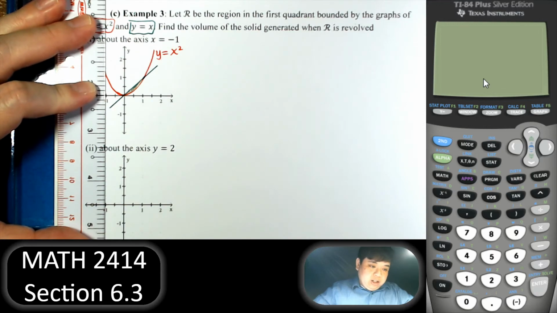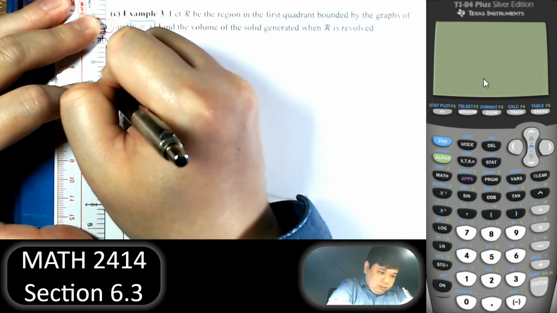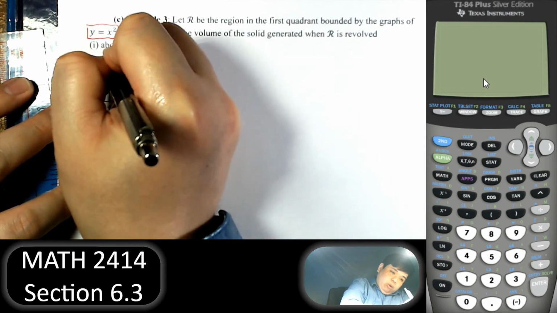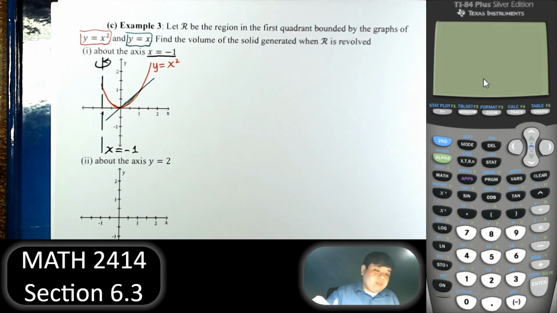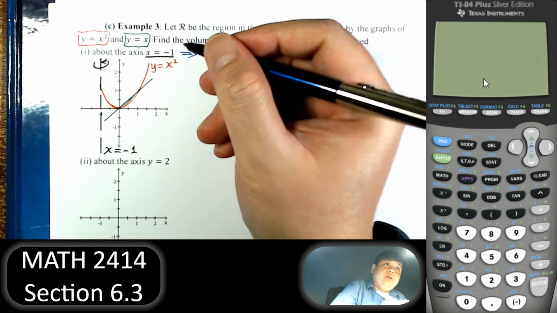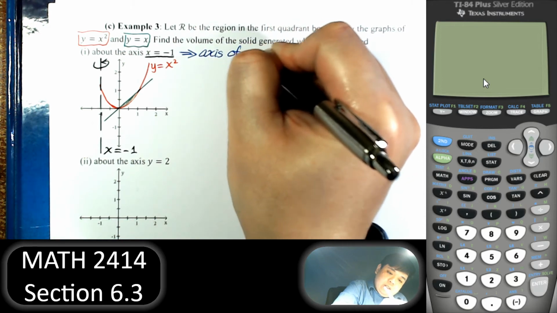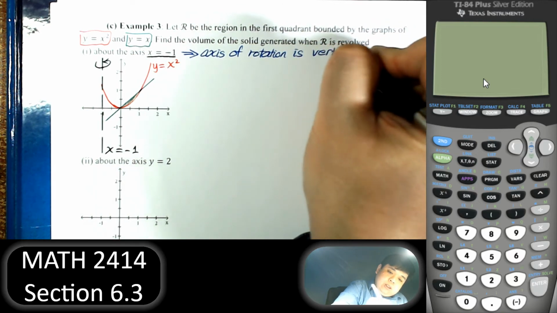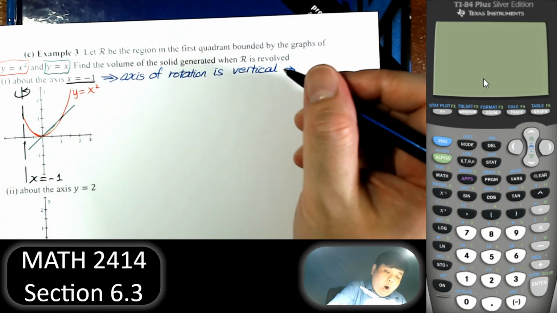So the axis of rotation is this, and we rotate about this one. The first thing we do here is to determine are we using x or are we using y. So x equals -1 is vertical, right? So the axis of rotation is vertical. If it is vertical, chopping the vertical line, we're going to have the y.